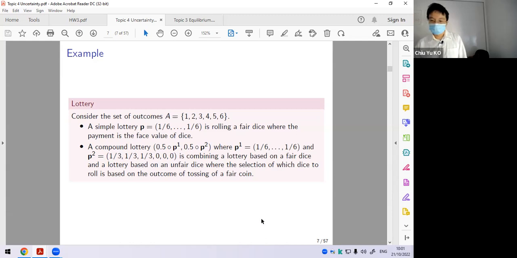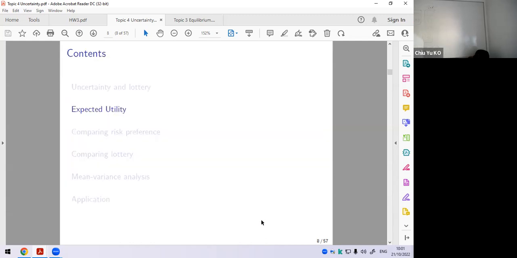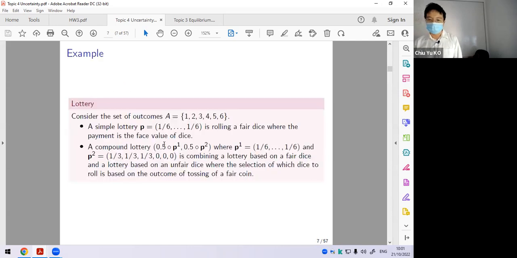Now, I guess we understand how we model the setup. There's a difference here. In topic one, we talked about the consumption good being an n-dimensional object. Here we just generalize to the case where we have a probability distribution over the outcomes.